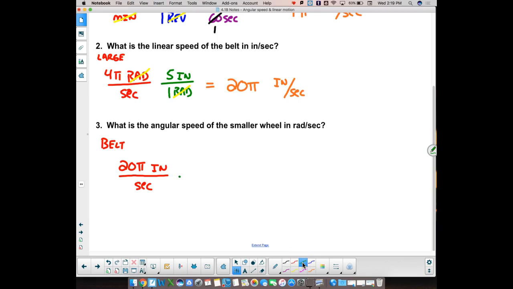So 2 inches is 1 radian on the smaller wheel. That puts me in radians per second, which then gives me, this is traveling at 10 pi radians per second.